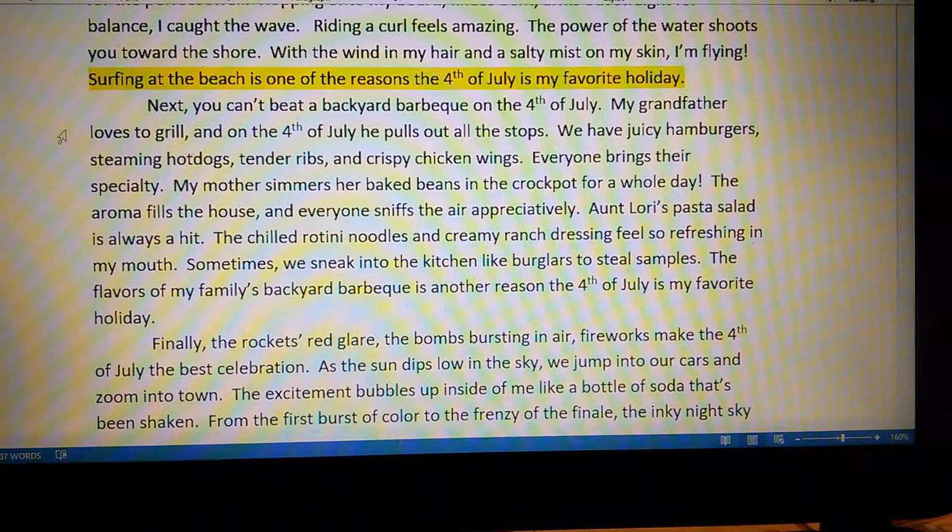Basically, the author is attempting here to demonstrate how this main idea supports the thesis. In this particular case, the author has been talking about surfing, and spending the day surfing at the beach is one of the reasons the author has chosen the 4th of July to be their favorite holiday.